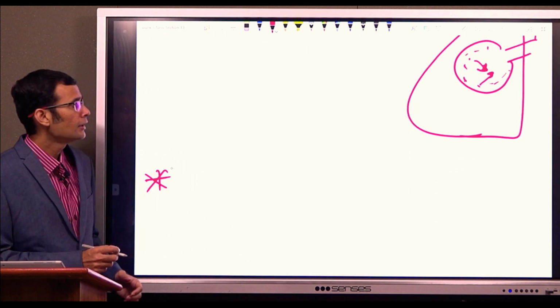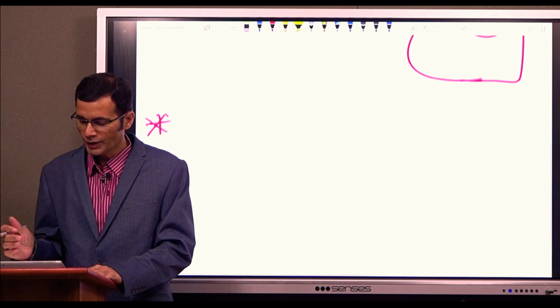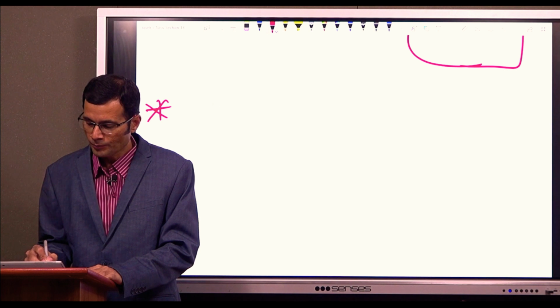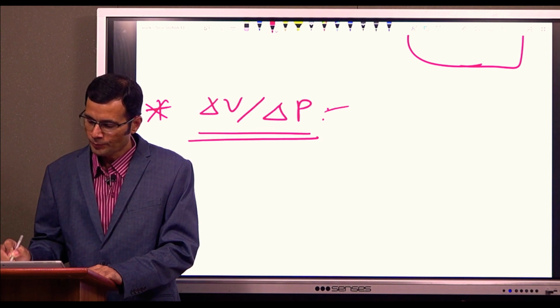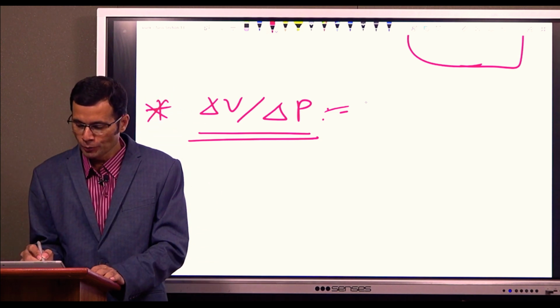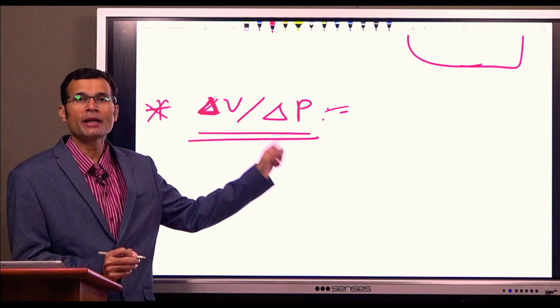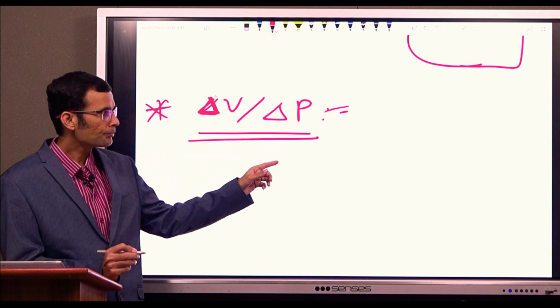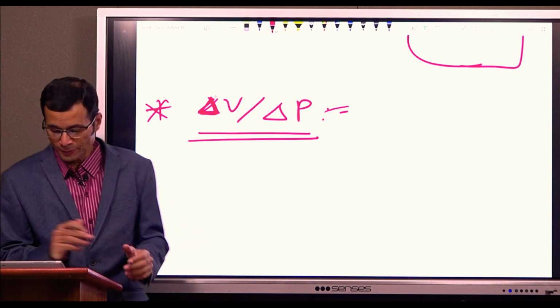Third point is that compliance is expressed as delta V by delta P. That is change in the lung volume per unit change of pressure around the lungs. That is how the compliance is expressed.